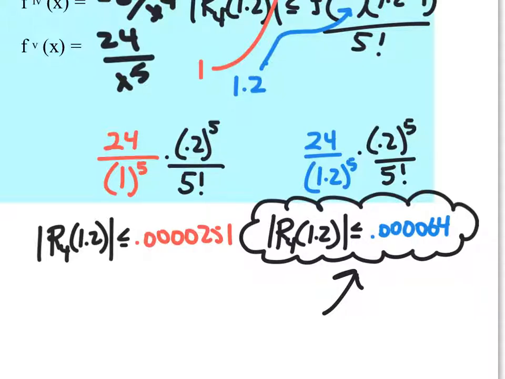Again, take the larger of the two just to cover your bases, because we want to over approximate our error. Therefore, we've done the Lagrange error bound. We'll do some more practice in class, but this is the basics of how to find the error of a non-alternating series.